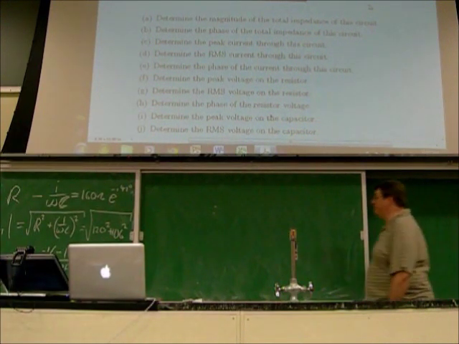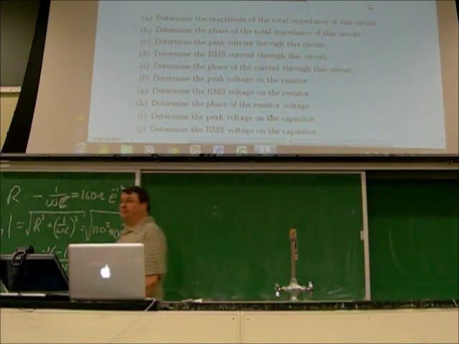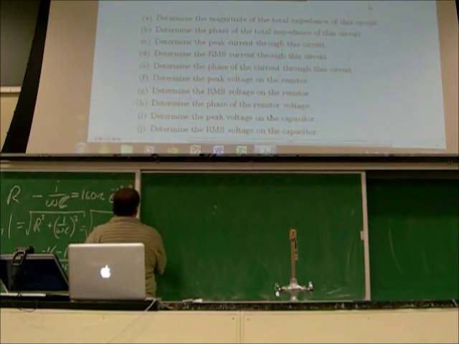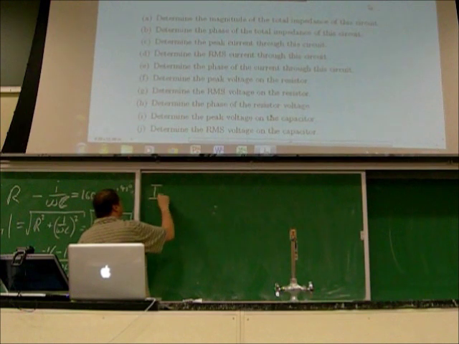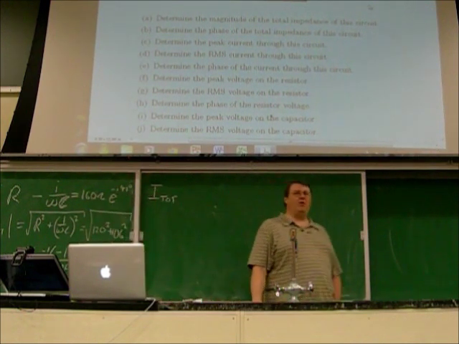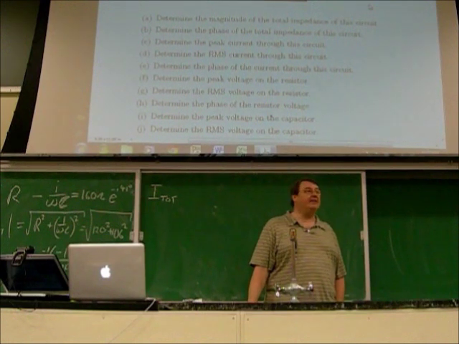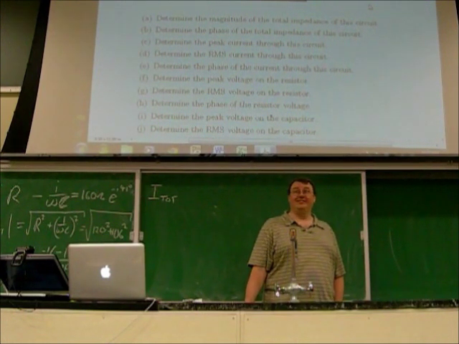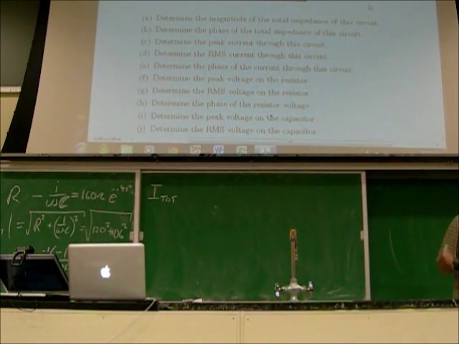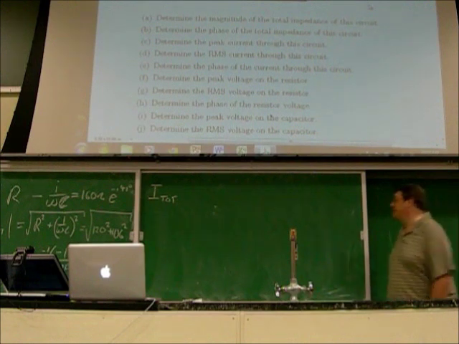Now that we've got the total impedance, how would we get the total current? This would be what we once called Ohm's second law. Remember that? Ohm's 3 laws. So what's I? V over Z. V over R for resistors, V over Z in AC circuit theory.